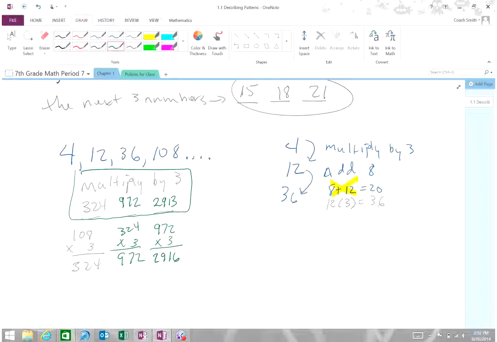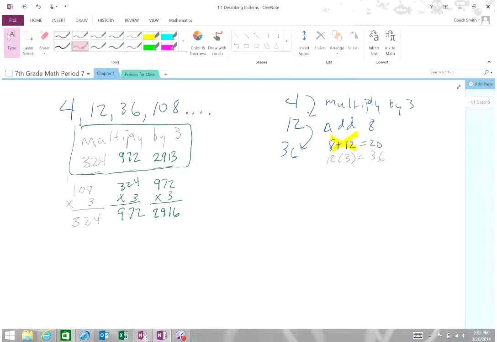All right? Now, if you don't have your book out, you need to have your book out. Okay? Turn to section 1 of chapter 1. I'm on page 7. And I want you to do number 14 on your own.